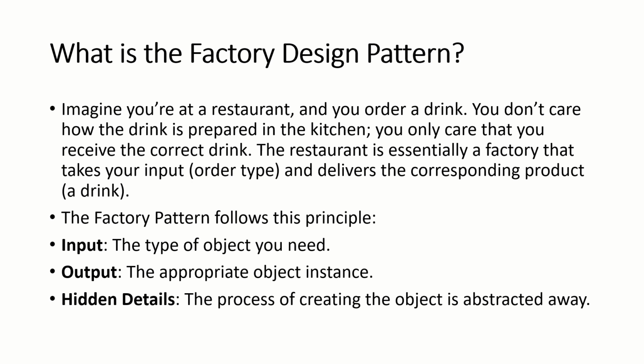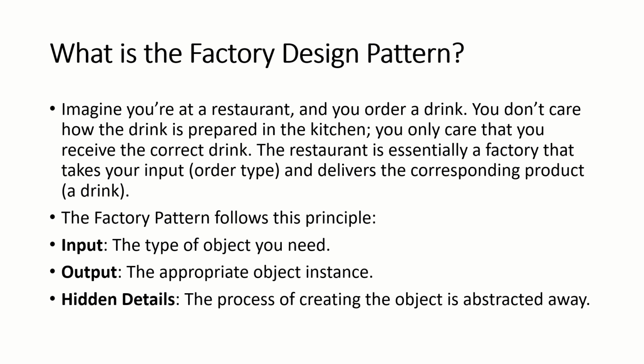In the factory design pattern, there is a kitchen in the restaurant, and the order is prepared inside the kitchen. But in abstract factory, there would be a separate building where the kitchen is, and the client is waiting in the restaurant.